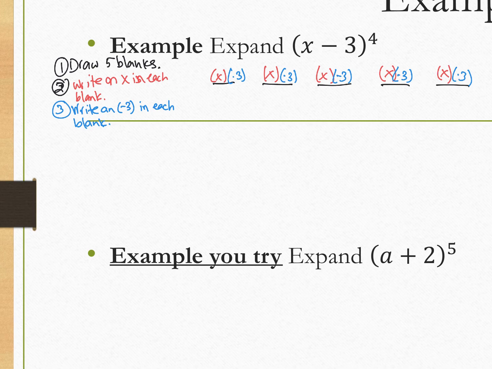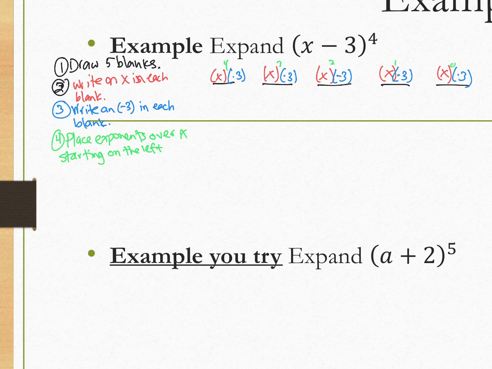Okay, and then if you look at our previous box, notice our exponents over the first term in the binomial decrease. That means we're going to place our exponents from left to right, starting with 4 over x: 4, 3, 2, 1, 0.